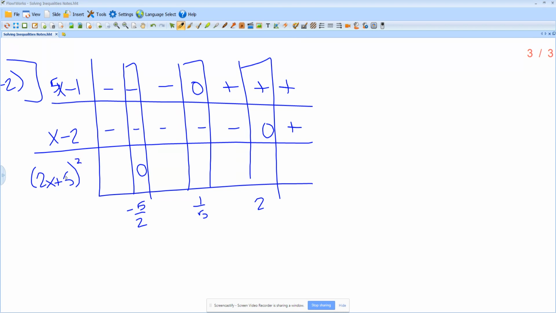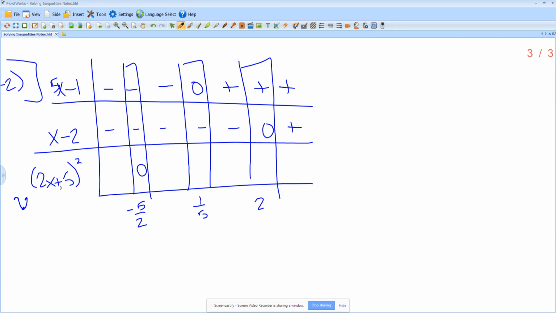What this means is this is quadratic. Because this is quadratic, it's a parabola, but it could either be opening up at negative 5 halves or opening down at negative 5 halves. Since the coefficient in front of this is positive, or there's no negative in front of here, I'm going to have a parabola that opens up at negative 5 halves.